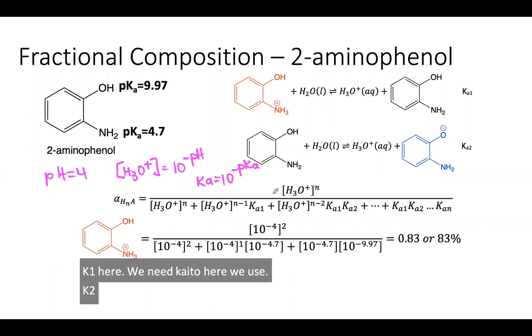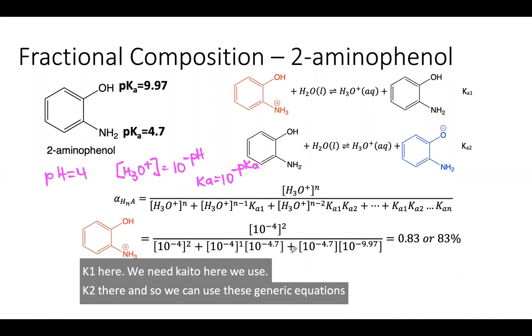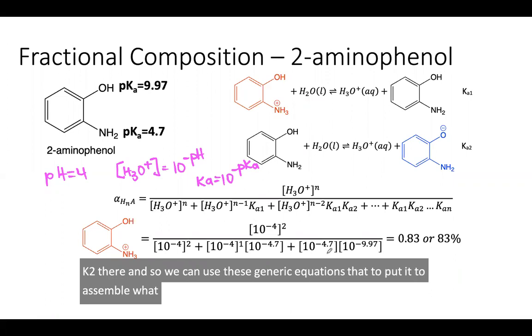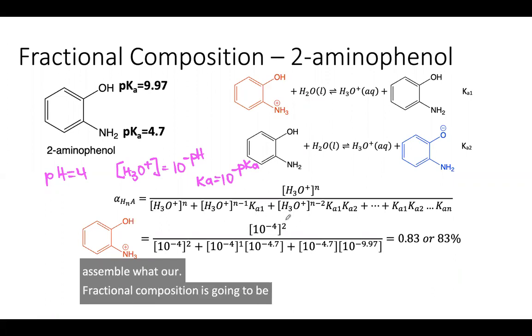And so we can use these generic equations to assemble what our fractional composition is going to be. The top portion is what's really going to be changing.